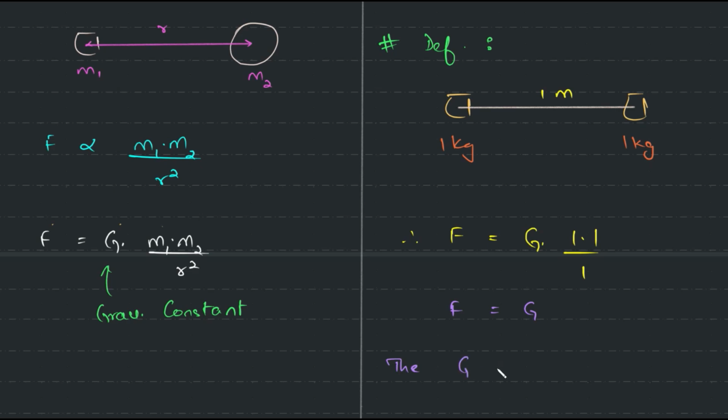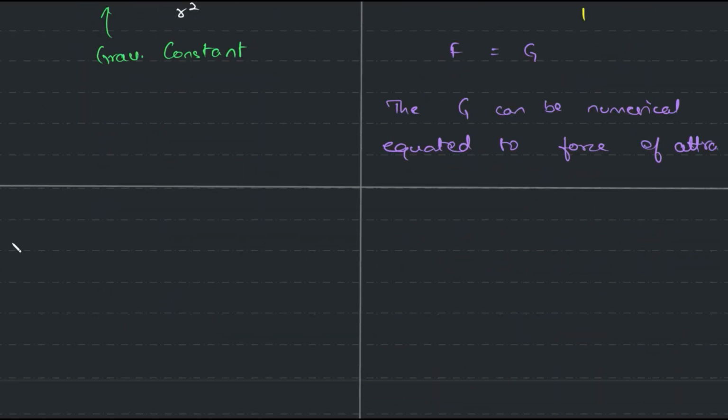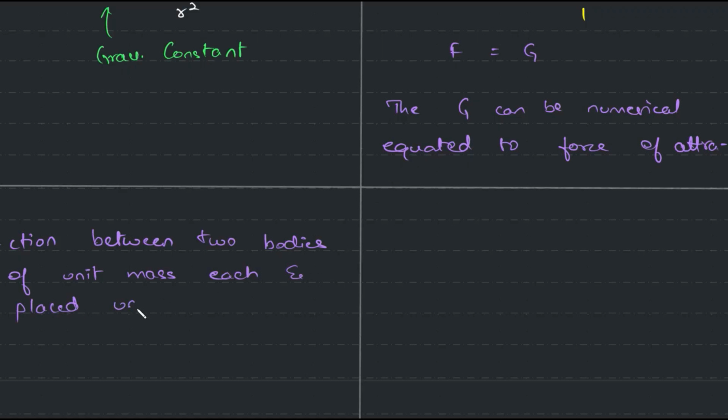So the value of G can be numerically equated to the gravitational force, or force of attraction, between two bodies of, in this case, unit mass each, placed unit distance apart. G can be numerically equated to the force of attraction.